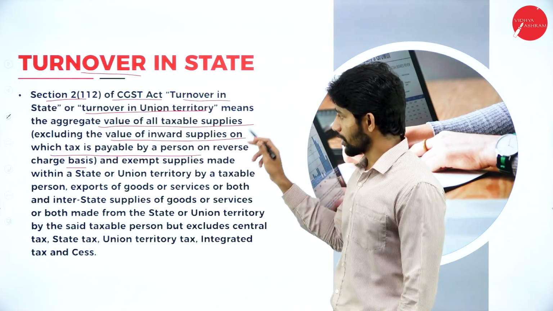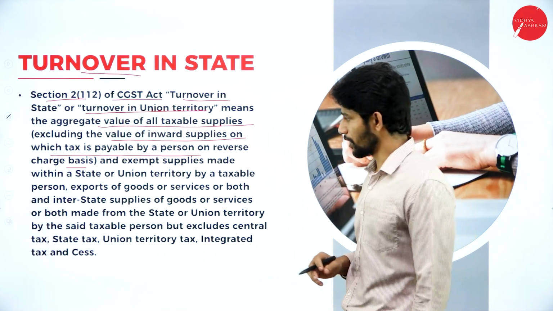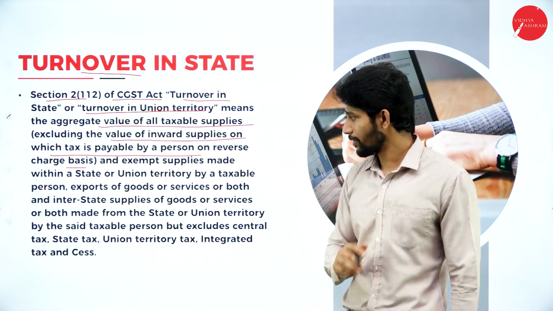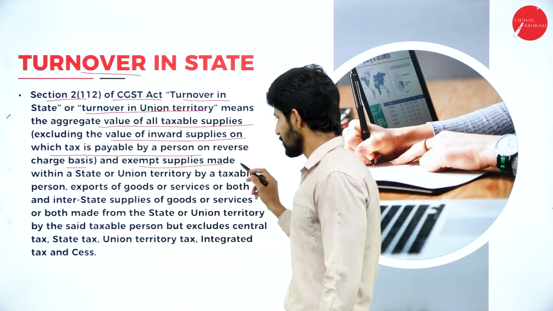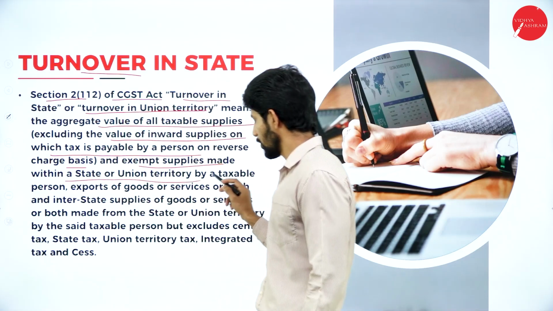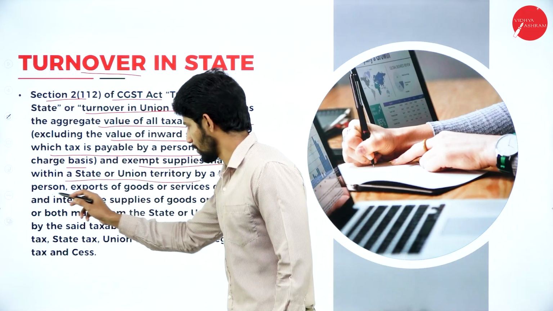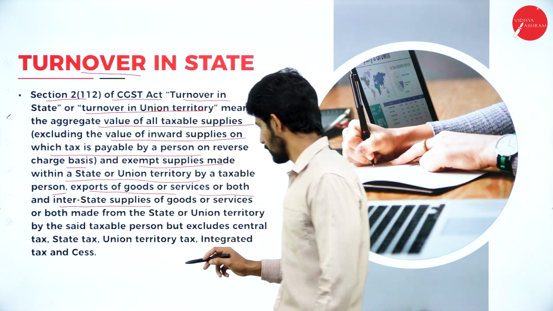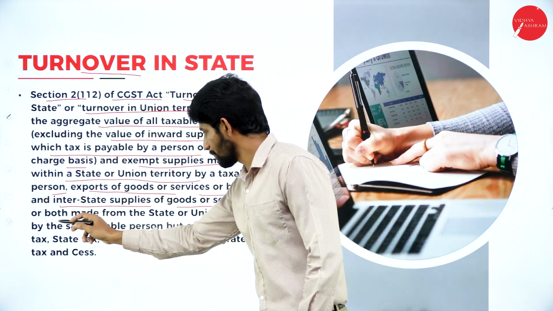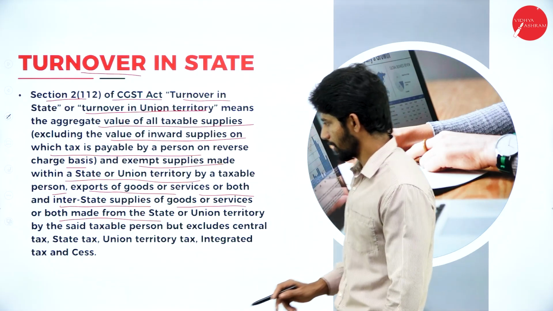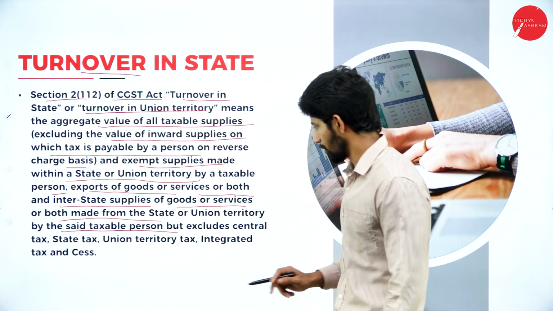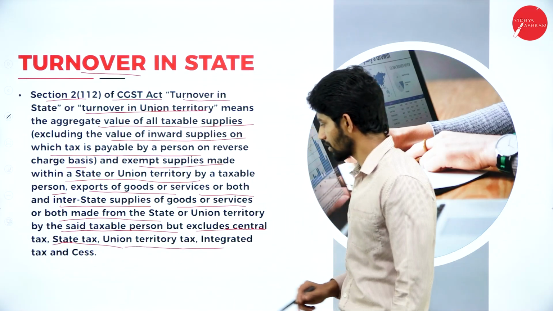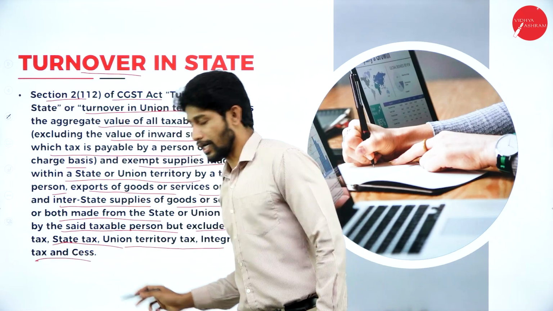So the total turnover for a particular duration is the total turnover except the tax payable on reverse charge basis, and exempt supplies made within a state or union territory by a taxable person, exports of goods or services or both, or interstate supplies of goods or services or both made from the state or union territory by said taxable person, but excludes central tax, state tax, union territory tax and integrated tax and cess.